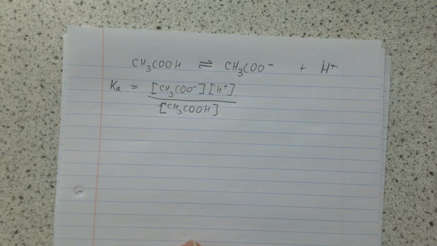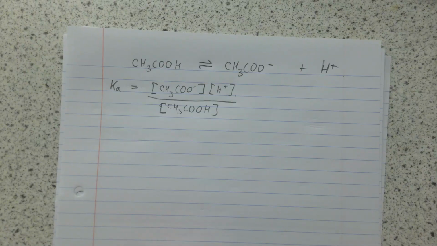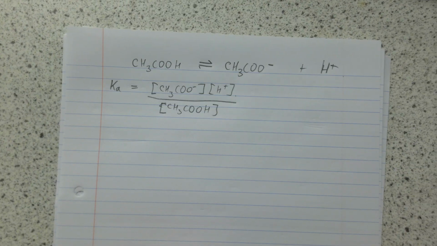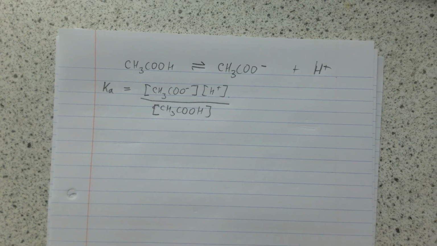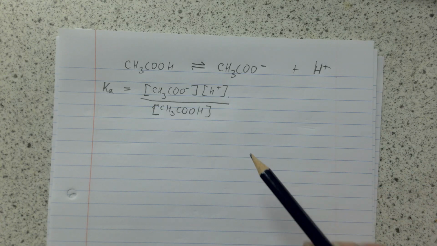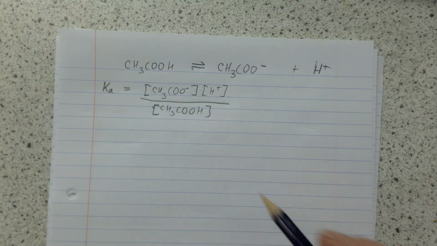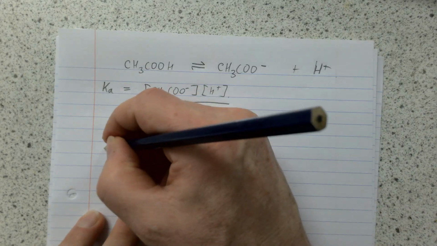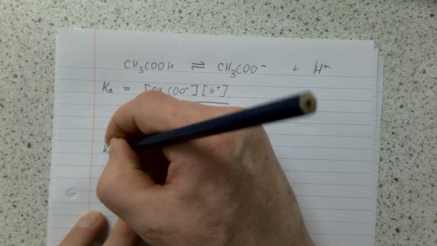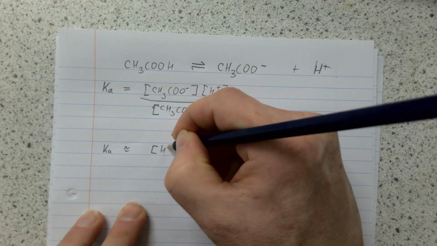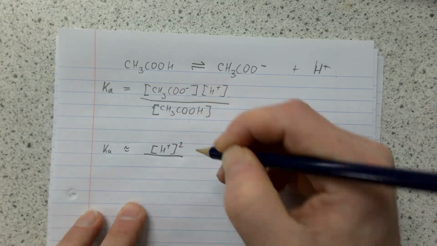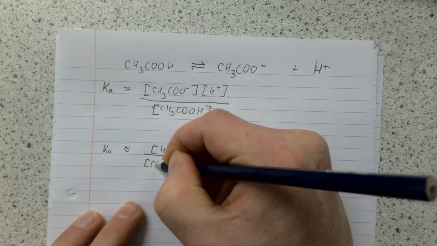Now, it's really, really important that we spend a moment just thinking about this. So once you've written that, just pop your pen down or catch up in a minute. I really want to press home this point to you. Now, you probably all remember being shown that you can turn this into, and I will show you this shortly myself, we can make a perfectly good assumption that Ka is more or less equal to this.